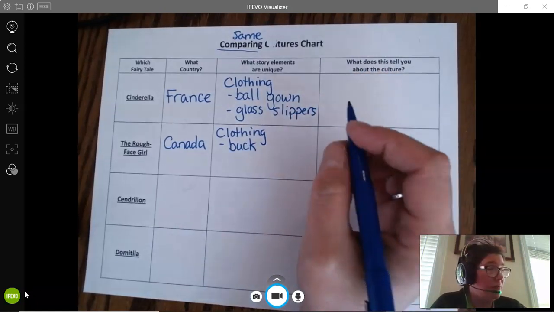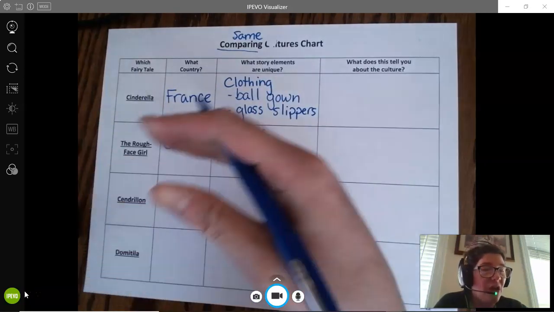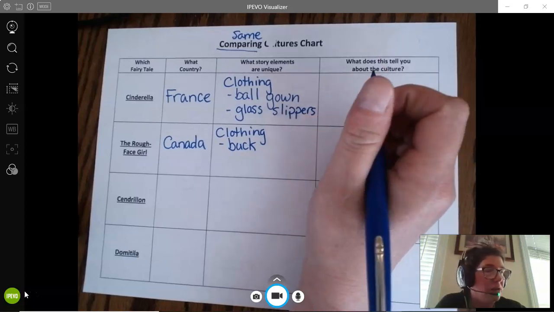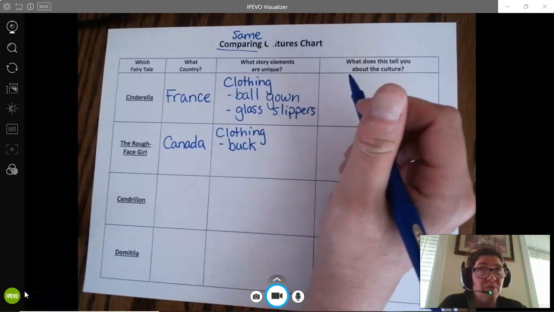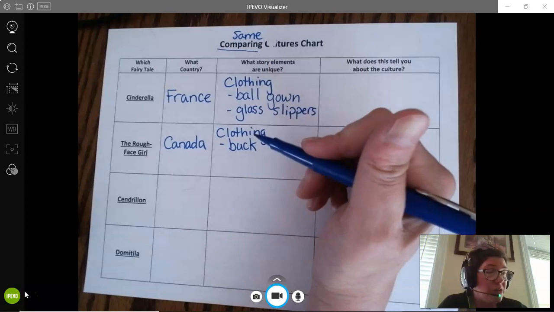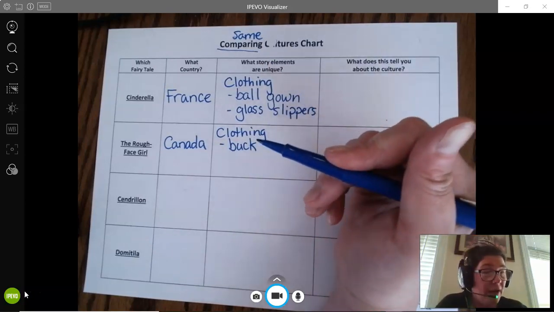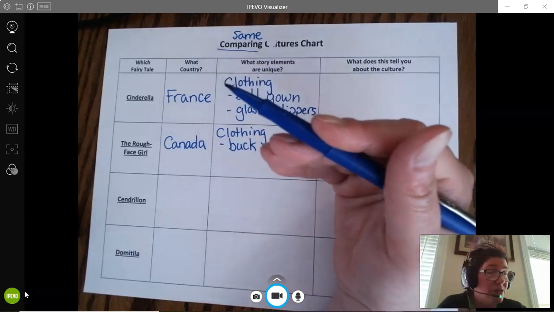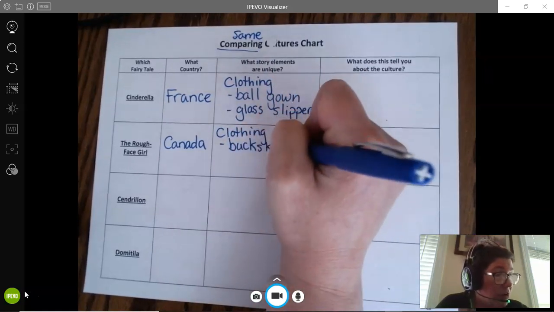Not only did they eat the meat, but they also used everything from those deer, so there was no waste. They used the bones for tools and for weapons, and they could use the skin as blankets. They could use it to put around their teepee as the outside walls. They could use it for clothes. So we're going to say buckskin dress.